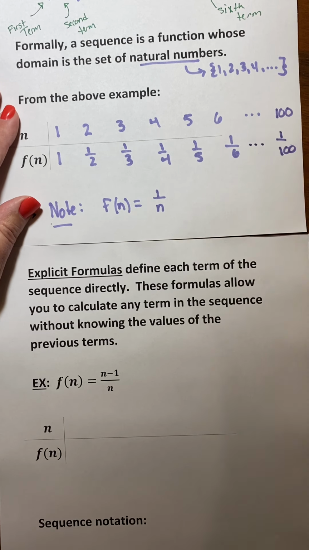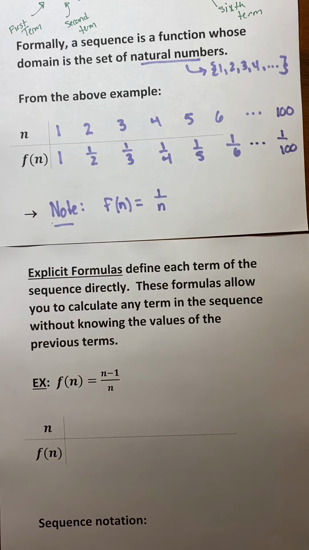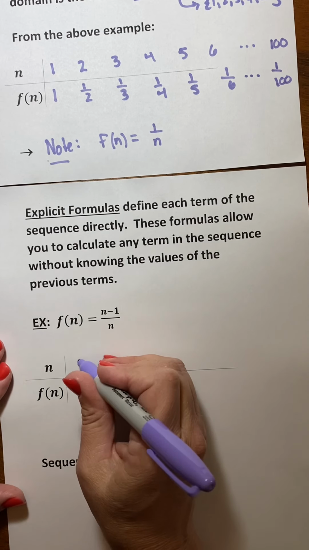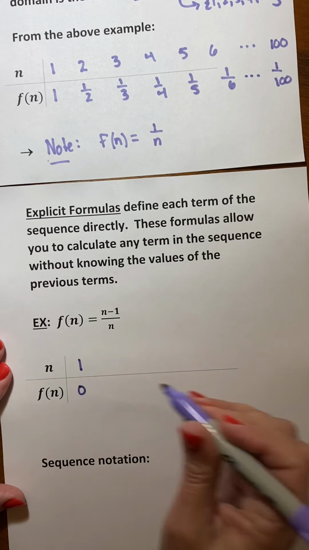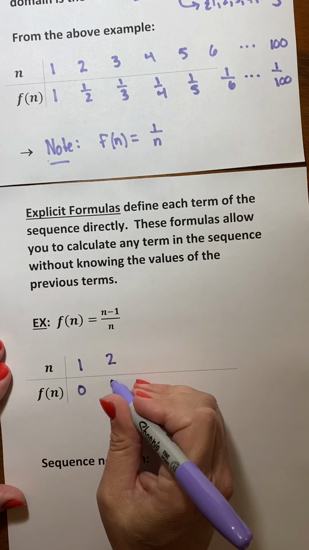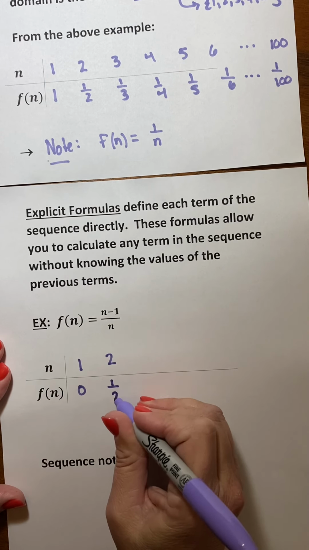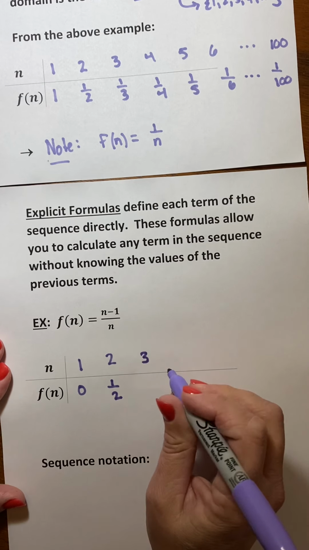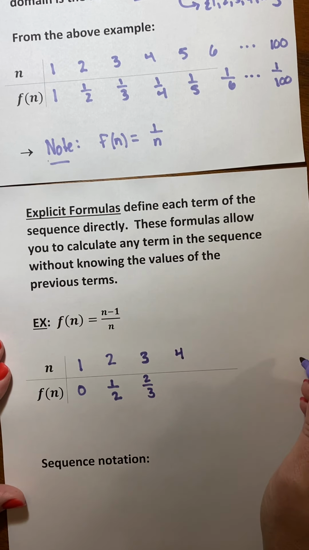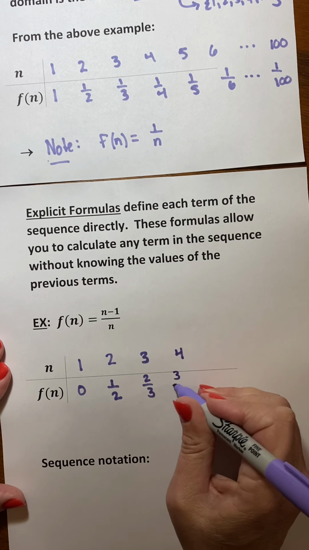So let's suppose I gave you the explicit formula (n minus 1)/n. If my input is 1, my output is 0. My input is 2, it'd be 1/2. My input is 3, I'd be at 2/3. My input is 4, I would be at 3/4.